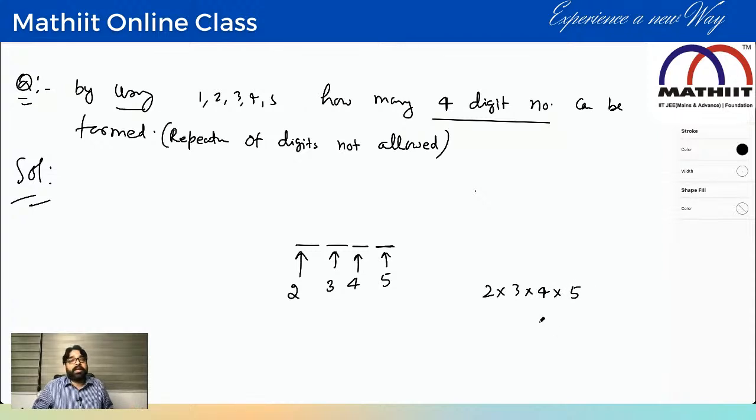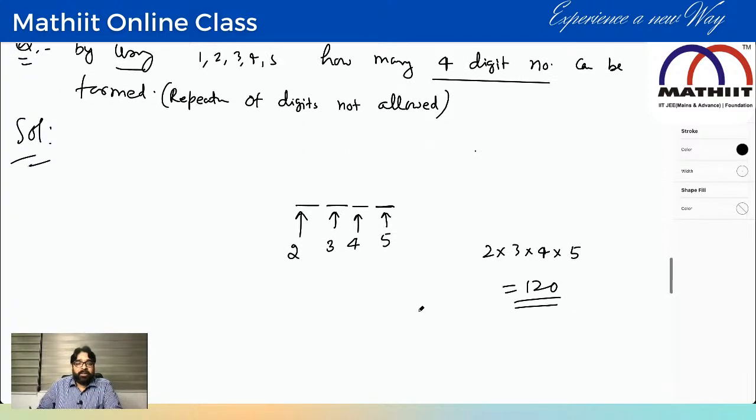I hope everybody is able to understand: 20 into 6, 120. Means there are 120 possible 4-digit numbers by using these digits, if repetition is not allowed. Did you understand? Is it clear to everybody? If anything is confusing, please let me know.